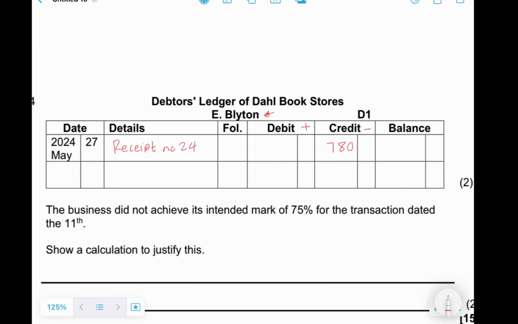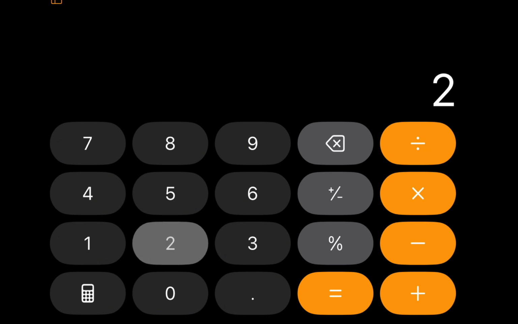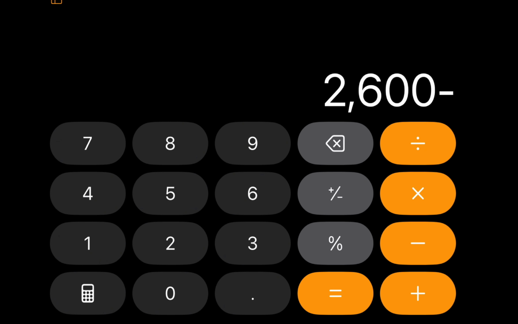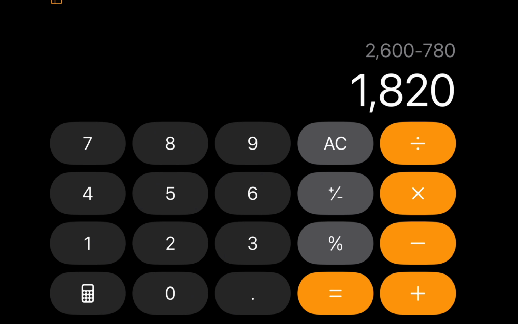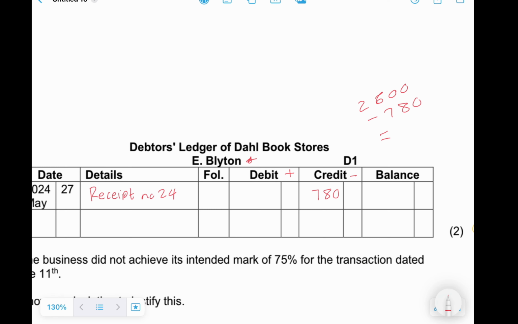Remember he was owing us 2,600. So 2,600 minus 780 gives 1,820. He now owes us 1,820. That is his new balance.